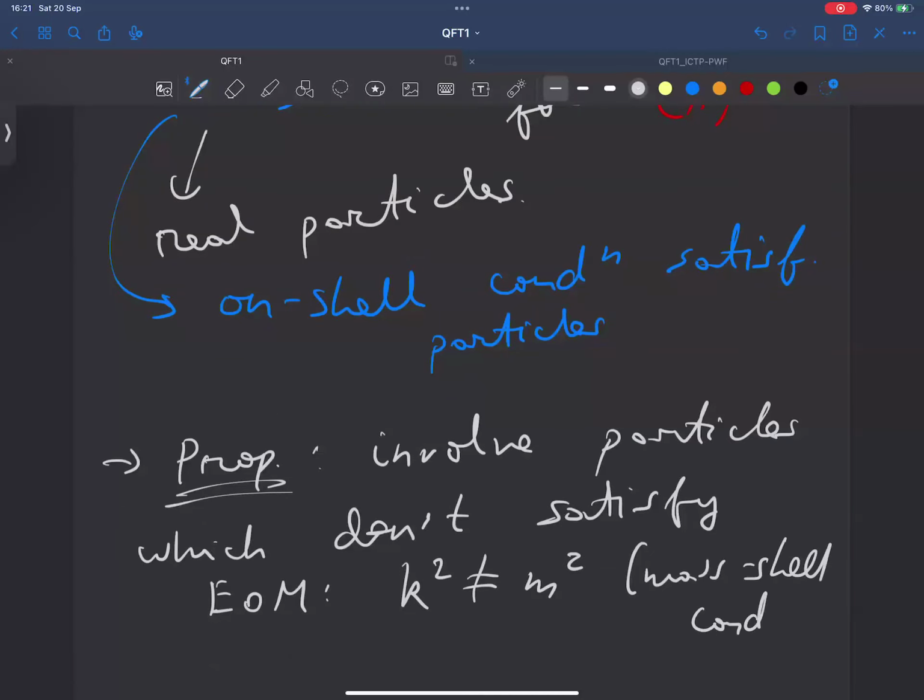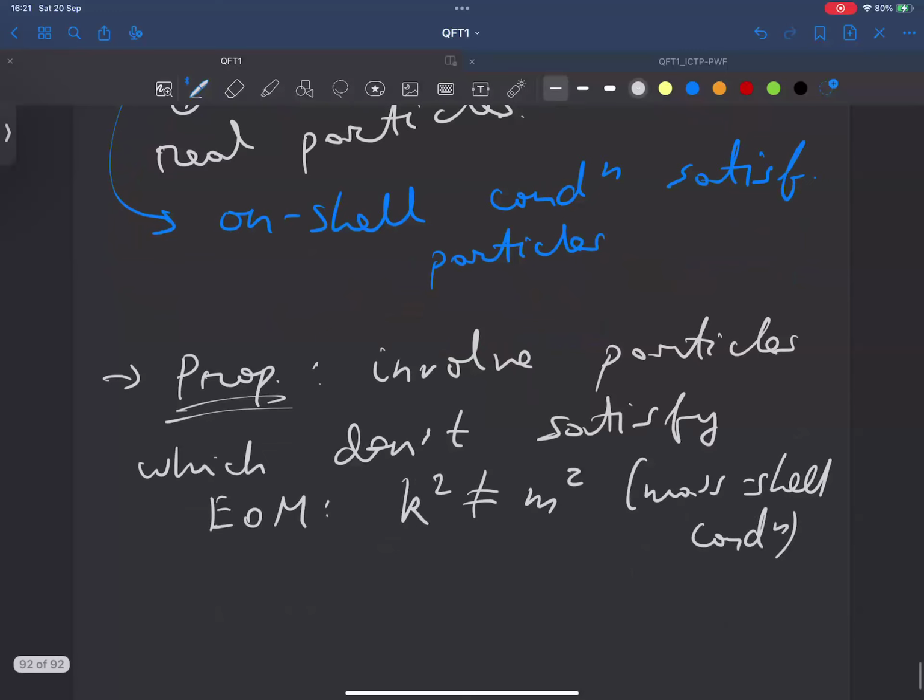So anything that the propagator describes, like the transmission of an interaction, as we argued, that's what signals a transmission, will involve particles that don't satisfy the equation of motion, or what are called virtual particles.